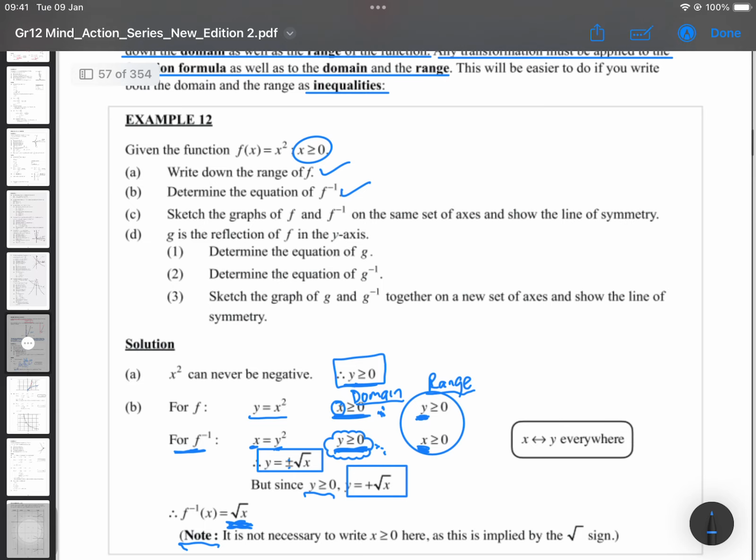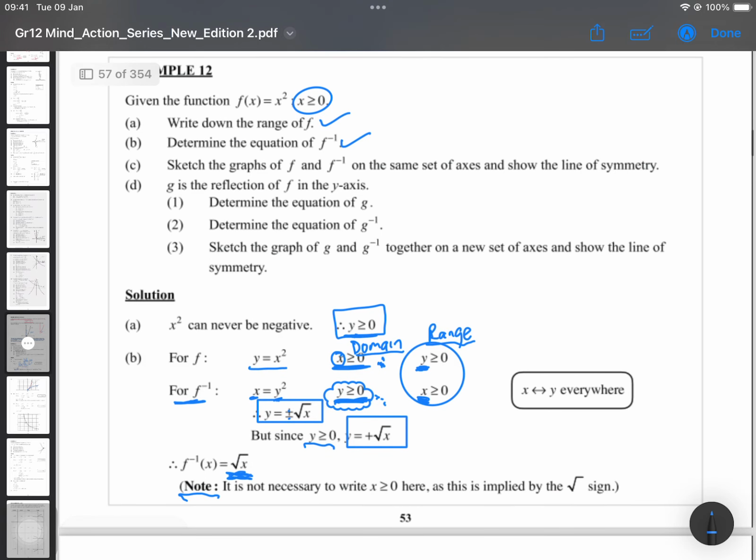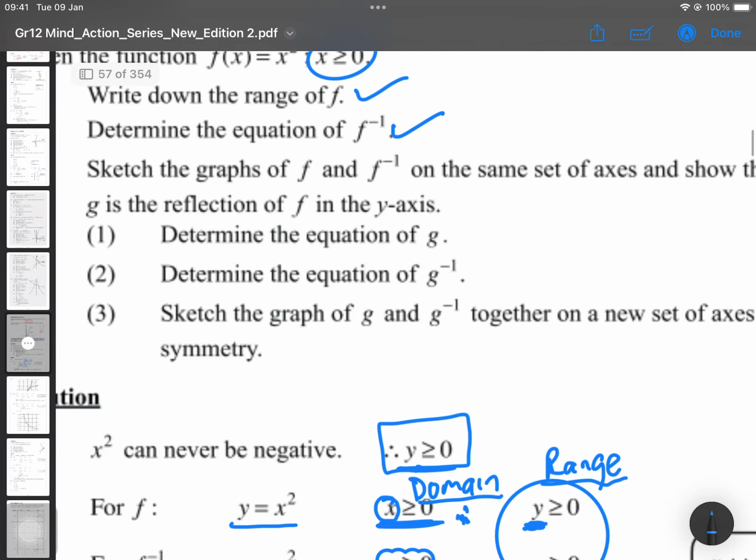D. So D, that was C. D says G is the reflection of F in the y-axis. Determine the equation of G. Okay, remember for the y-axis, x goes to negative x. So where there was x, you put negative x.